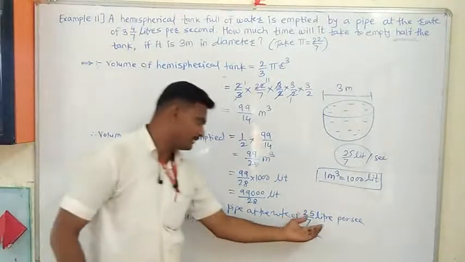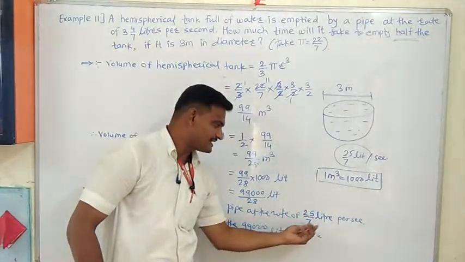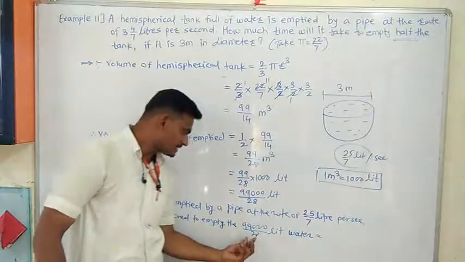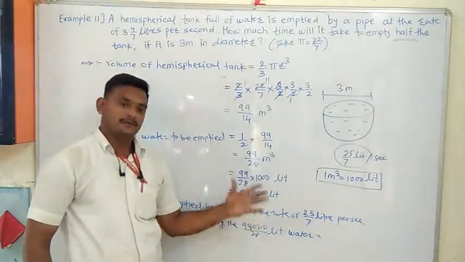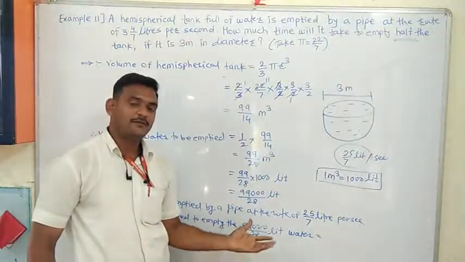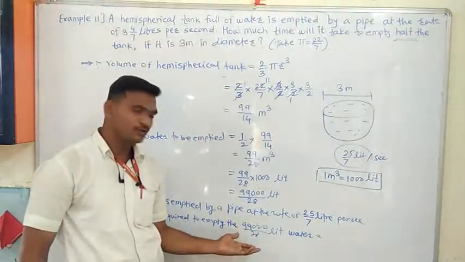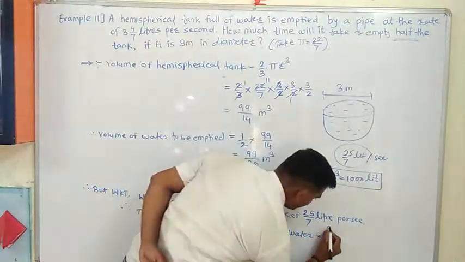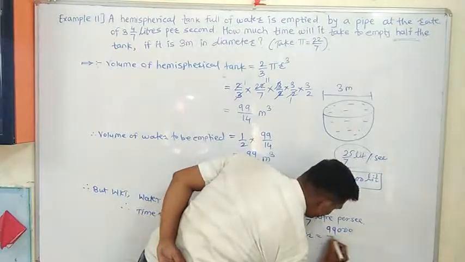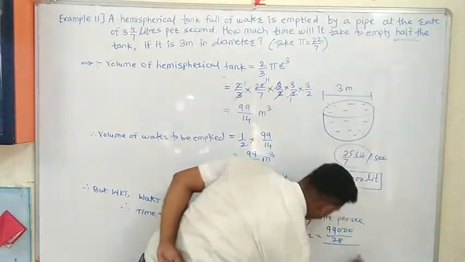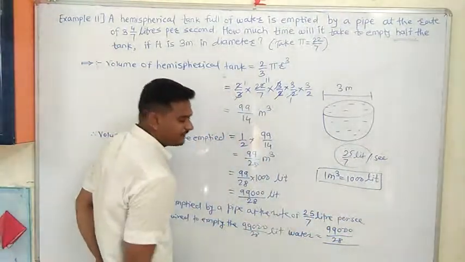If in 1 second 25 by 7 liter is emptied, then for this much amount of liter water, what is the time required? What we have to do here? That is simply 99,000 divided by 28 and we have to divide by 25 by 7.